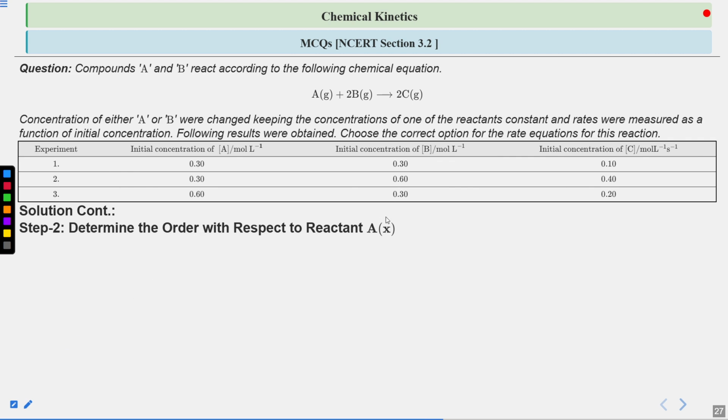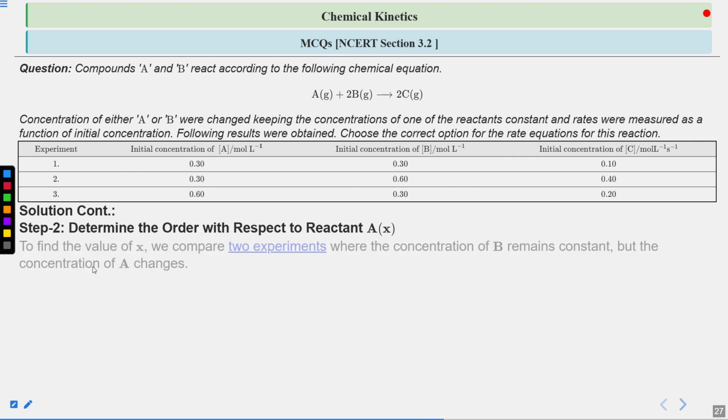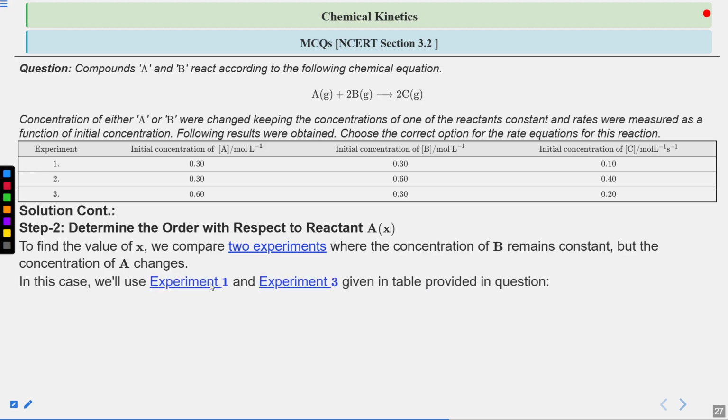Now, with respect to the reactant A, you can find the order by finding the value of x, by comparing the two experiments where we change the A concentration and keep the B concentration constant. That means experiment 1 and experiment 3 as per the given table. A similar step: we compare the rate of experiment 3 and the rate of experiment 1.